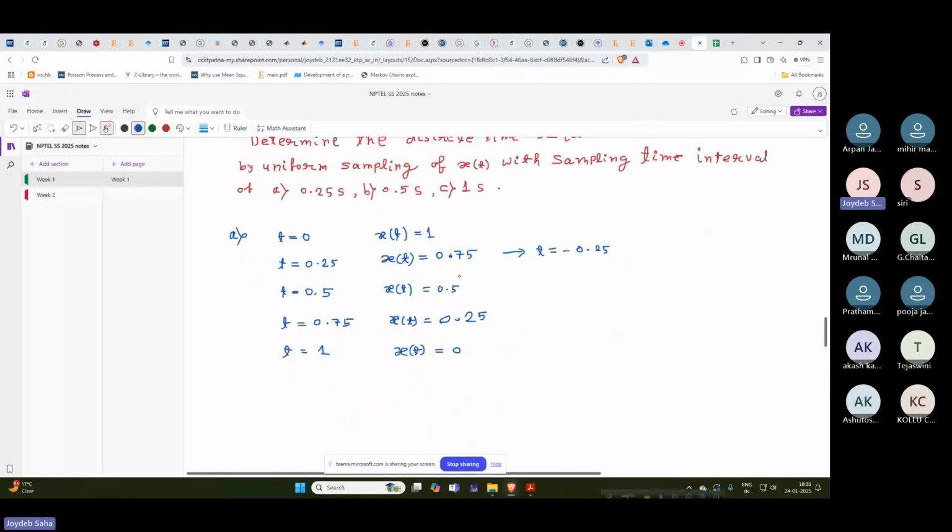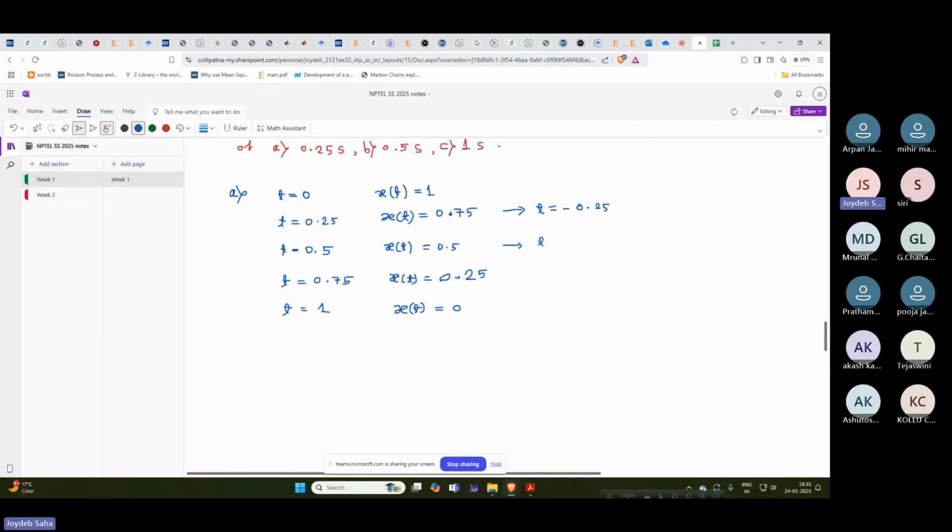So this is also valid for t equal to minus 0.5, t equal to minus 0.75, and t equal to minus 1.